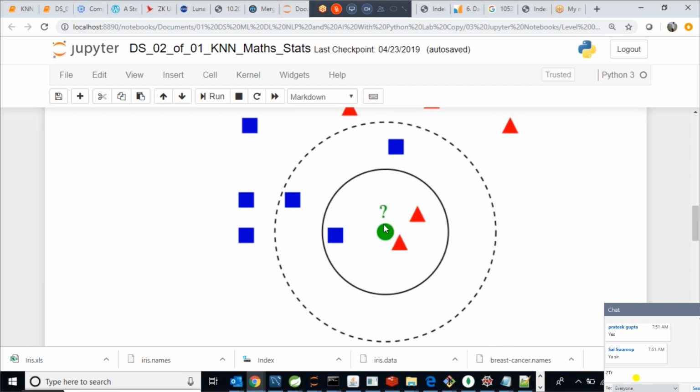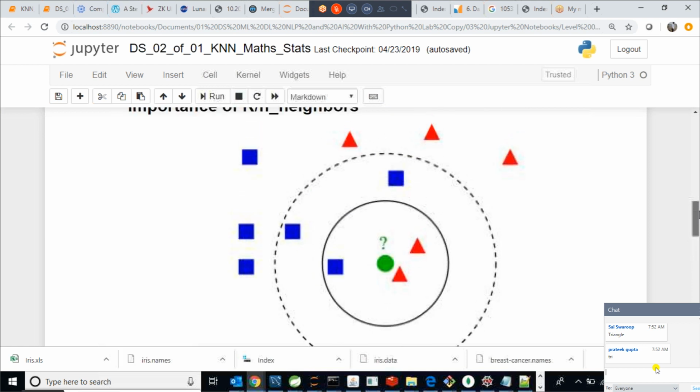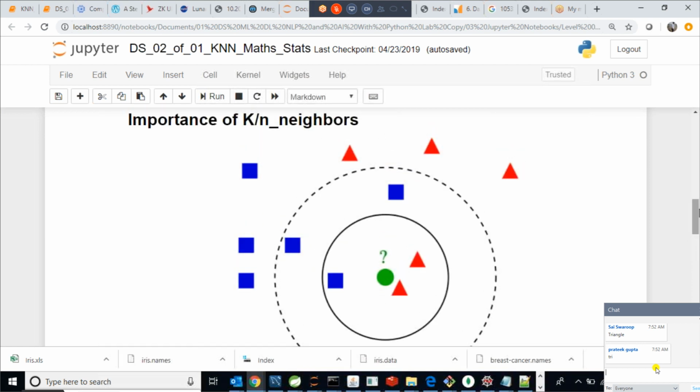Let's suppose I'm asking for the two nearest points of this circle. So this triangle or a square? You can say a triangle. Let's suppose I'm asking, I want to know.